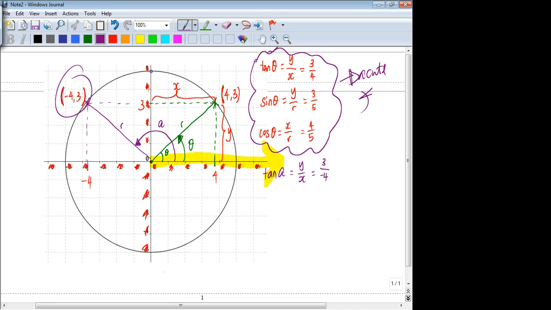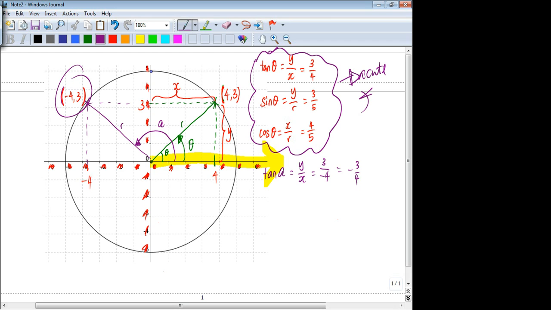In this example, it is 3. And then x, think carefully, what is the value for x in this case? It is negative 4. Tangent A is now equal to 3 over negative 4, which is just negative 3 over 4.